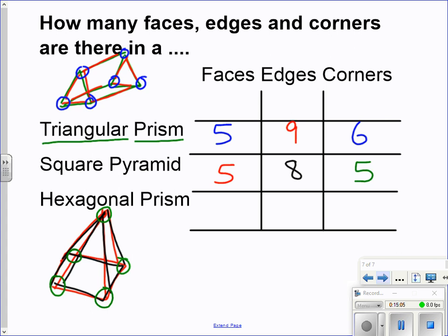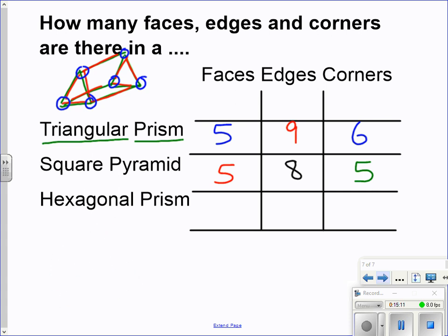And finally, a hexagonal prism. Again, if you can't remember, you're going to have to draw it out. A hexagonal prism means it's a hexagon in the front, which is 6-sided. Do your best to draw it. As you can see, I'm not an art person, but just make 2 of them.